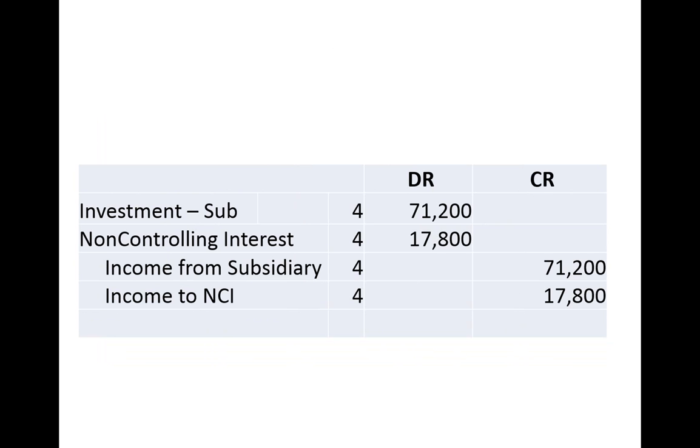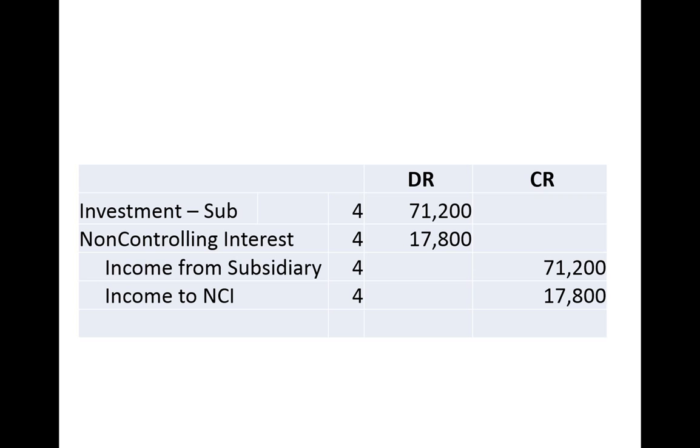When we eliminate this, we'll take it in two parts. The first thing we're going to do is eliminate the income from sub. So we'll debit the investment account $71,200, credit the income from sub $71,200. And this eliminates the equity method entry we made during the year.